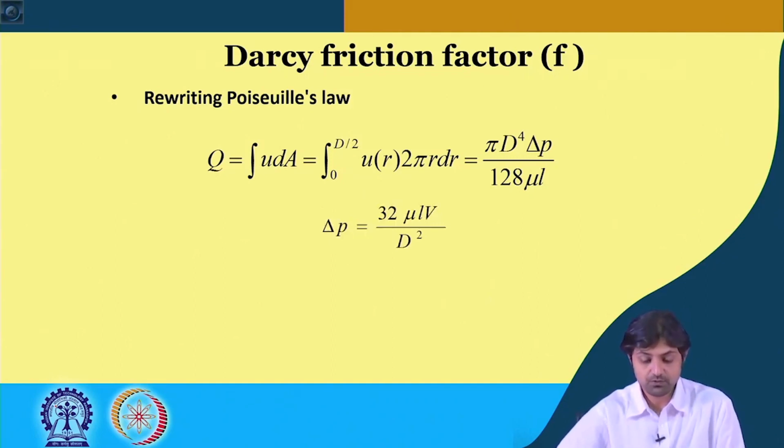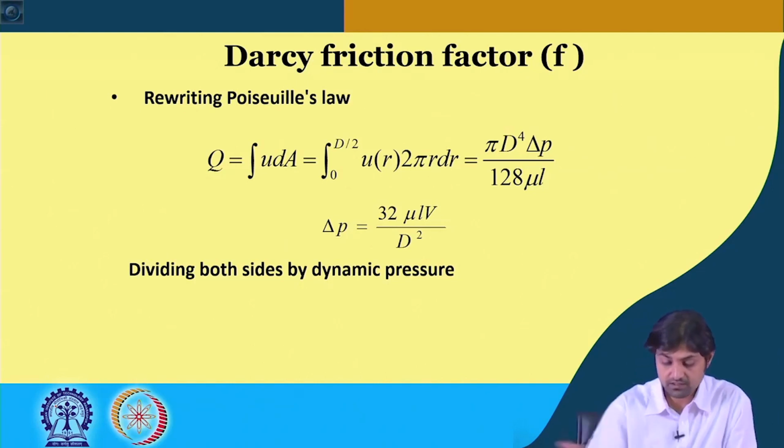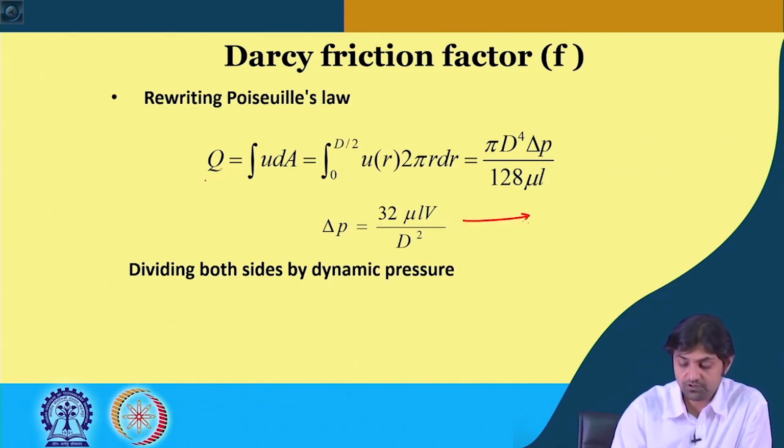Therefore delta p could be written as 32 mu L V by D square, in terms of velocity.